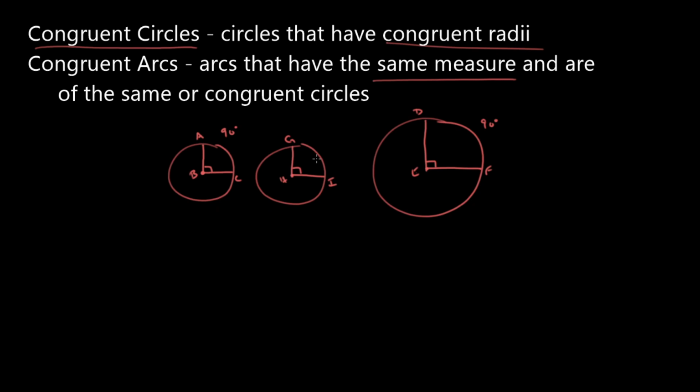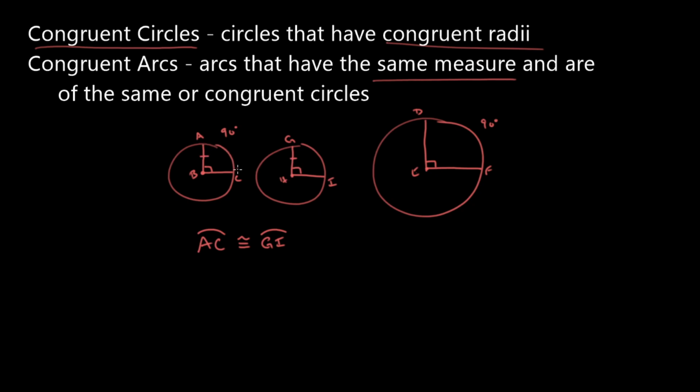So what I can say here is that arc AC is congruent to arc GI, I wrote GH, darn. The reason for that is because their radii are congruent.